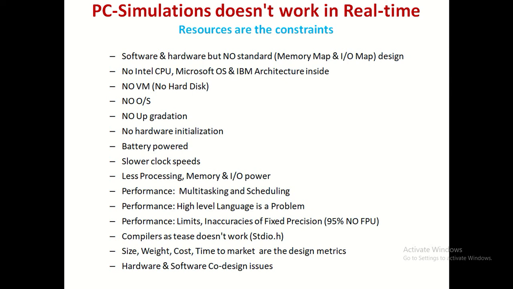And then finally, the compilers as they are don't work. We all know by default when we use any C, C++, Java, VB, .NET, all these compilers, their standard input output devices have been the same for the last 40 years.